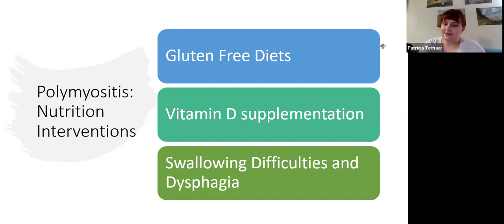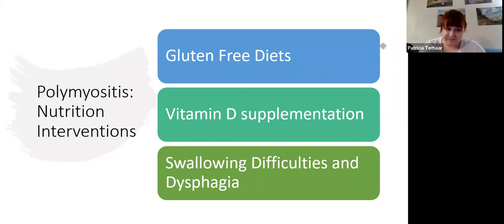There's also vitamin D supplementation that should be considered, because of the loss of muscle, and it's usually tied to an arthritis or an osteoporosis. So the vitamin D can help with bone health, given the lack of strength provided by the muscles around.